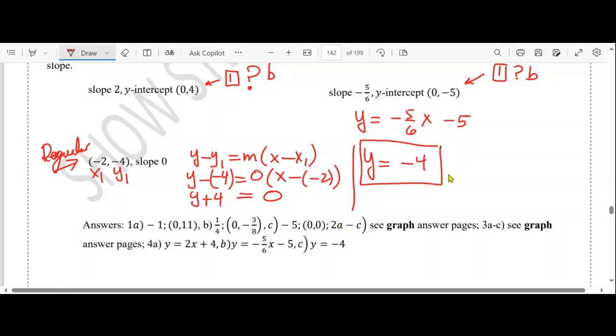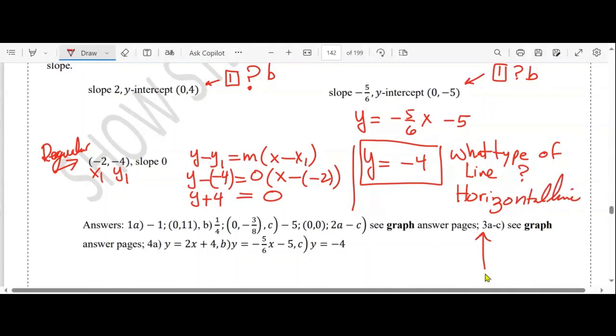So what type of line is this? Is it a horizontal line or a vertical line? Horizontal. You're going to ask why? Because if you have the graph like this, right?